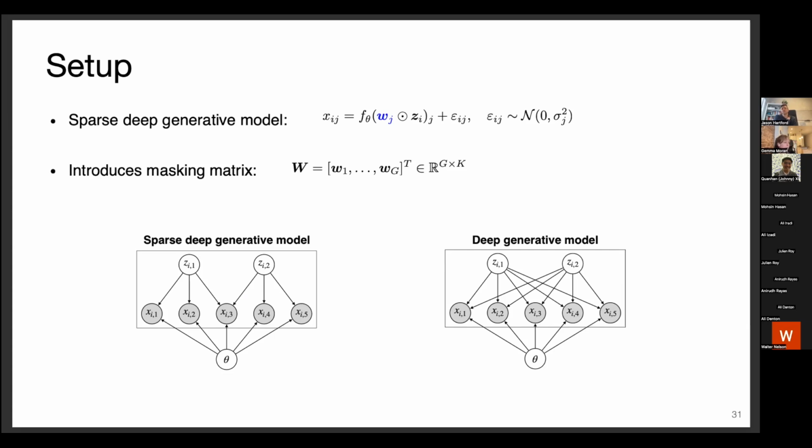Yeah, as you said, we don't need to know what the anchor features are. We just need to assume that for each factor, so for Z1 here, we need at least two features, two dimensions of our X, that depend only on that factor. So in this case, X1 and X2 are anchors for Z1, X4 and X5 are anchors for Z2.